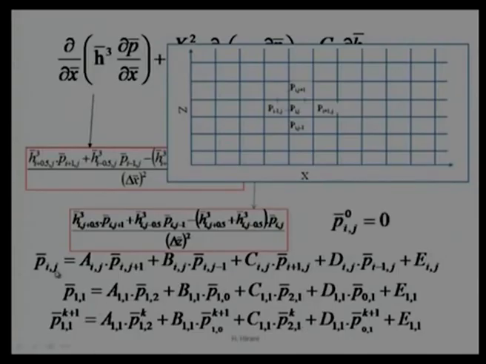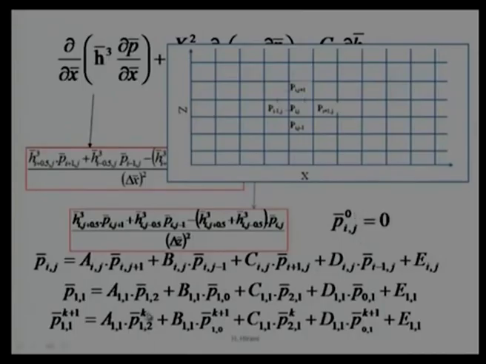And for simplicity, when we start the solution, we assume pressure at all the nodes is equal to 0, and we can assume that as k equal to 0, the 0th iteration. We have not iterated anything, it is just the beginning. So, at the 0th iteration, pressures are known, and that value is equal to 0.